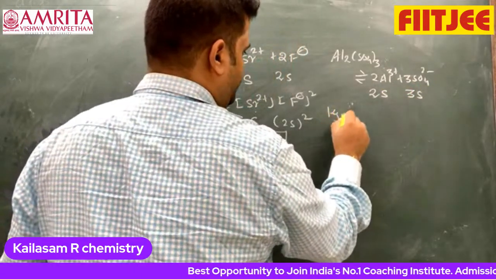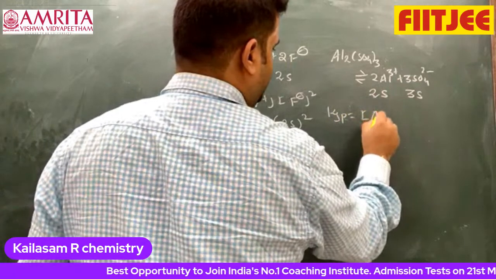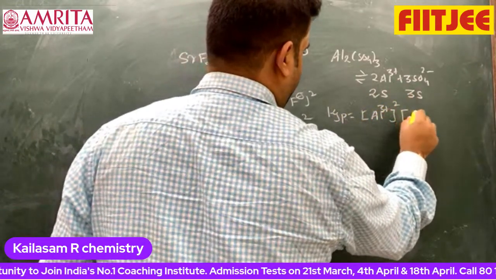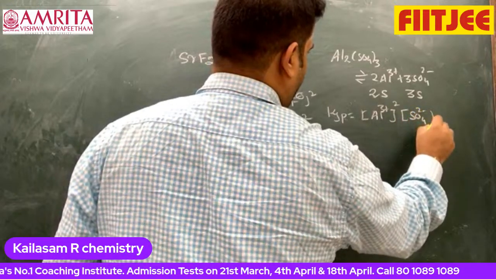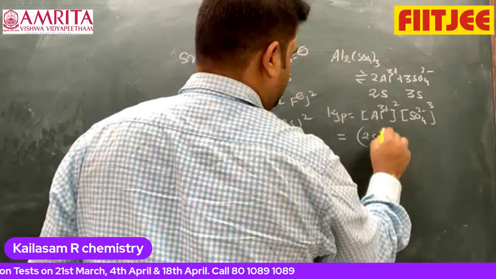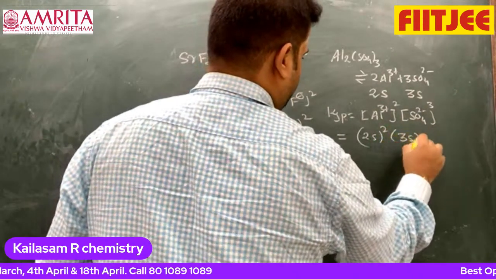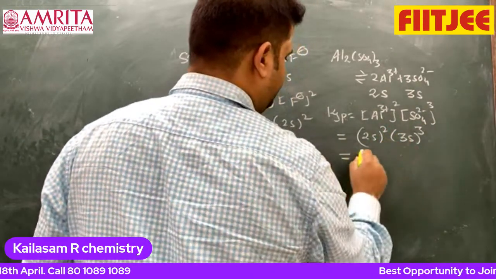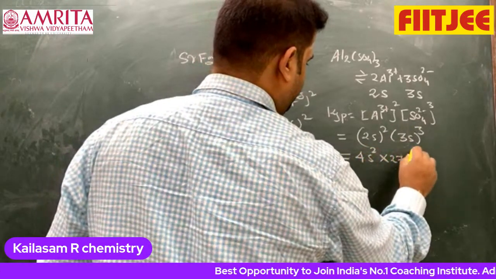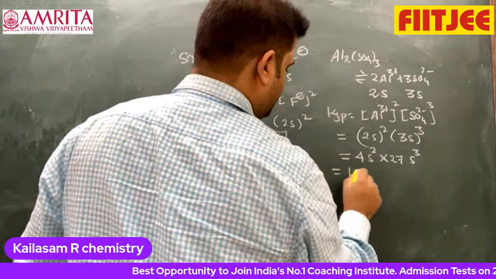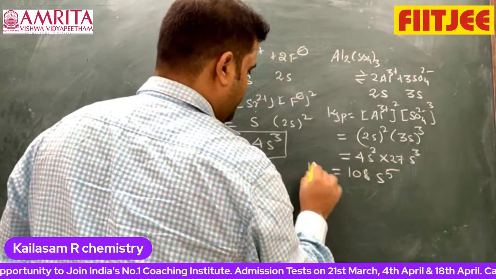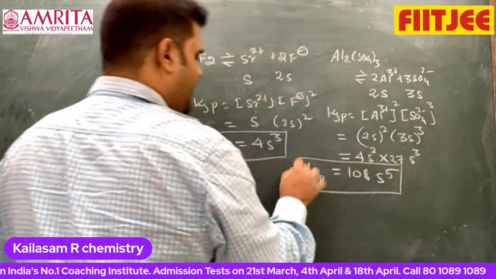Ksp is equal to the concentration of Al3+ whole square times the concentration of SO4 2- whole cube. Therefore, (2S) whole square, (3S) whole cube, 4S^2 into 27S^3, which is 108S^5, is Ksp. This is how you can relate them.